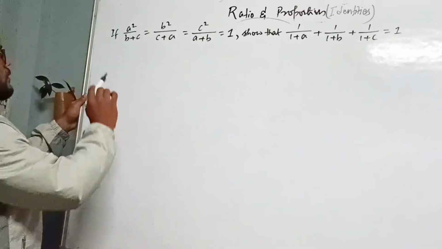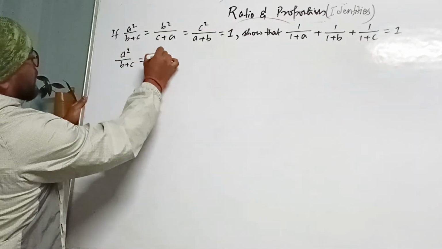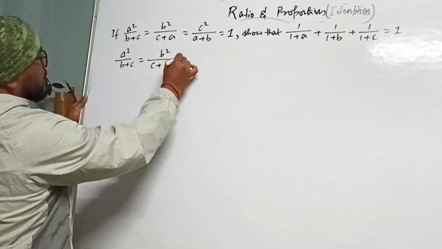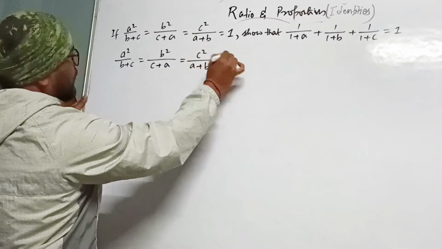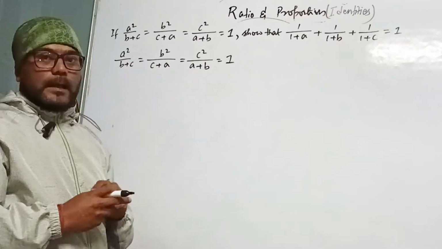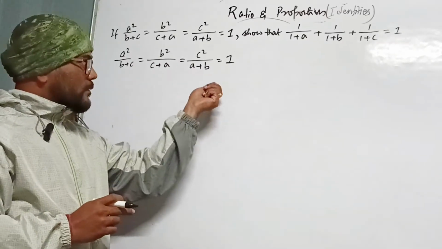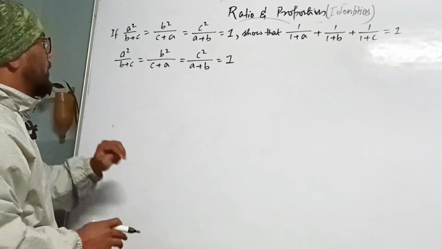It's very simple. a square by (b plus c), b square by (c plus a), c square by (a plus b) equals 1. In the previous question, I had written a in that place, but here the question has already given you 1.